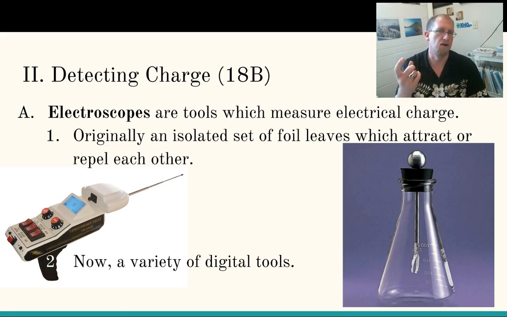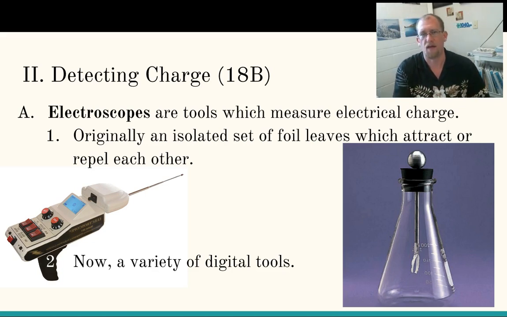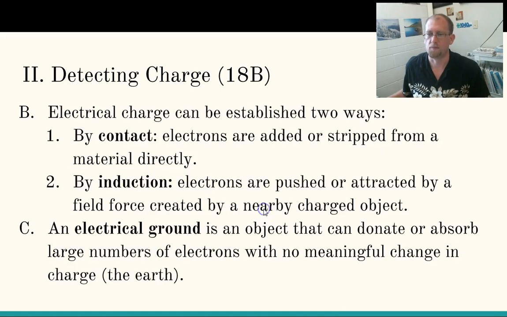There are also smaller handheld versions that are made today that are about the size of a magic marker, and they are able to detect electric charge too and give you digital readouts for the strength of the field. So we have a variety of digital tools today that we can use, but this is kind of the old concept, and the concept still works. If you put electrons here, these things will separate, and then you'll go, yep, that had a charge. So that is how you would detect charge then and now.